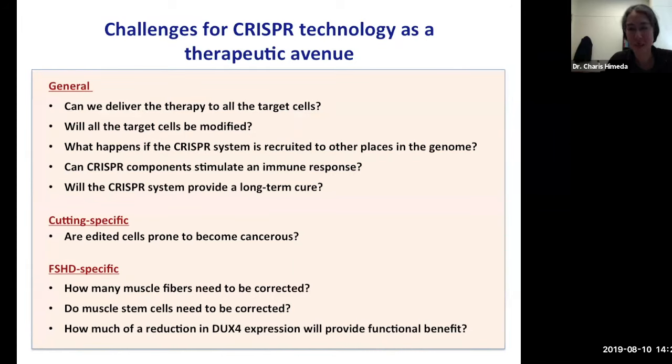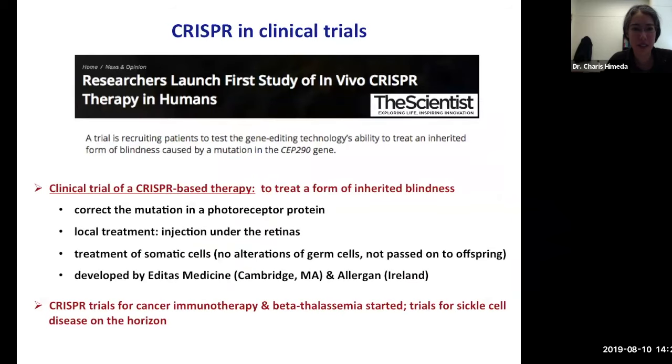Right. And part of the complications are shown here. These challenges are particularly challenging for a muscle disease and less challenging for a blood disorder or a cancer immunotherapy, where you can take the cells out, modify them, and put them back in the body. So if we look at this CRISPR-based therapy, which they're now recruiting patients to treat Leber congenital amaurosis, this form of inherited blindness, it's really nice because the eye has traditionally been considered an immune privileged organ.